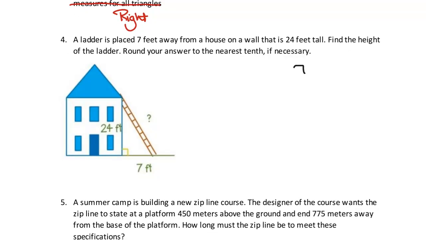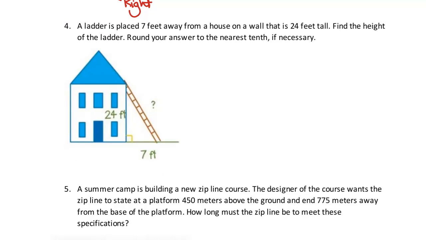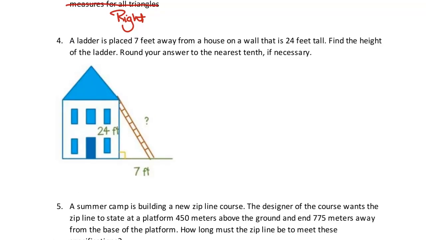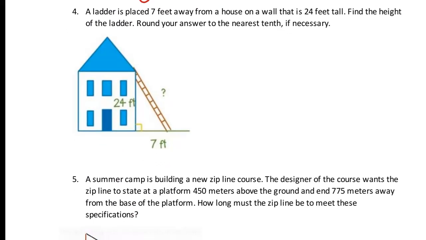Let us go ahead with number 4. So this is a word problem. A ladder is placed 7 feet away from a house on a wall that is 24 feet tall. Find the height of the ladder. Round your answer to the nearest tenth. So if you look, you should see a right triangle here.